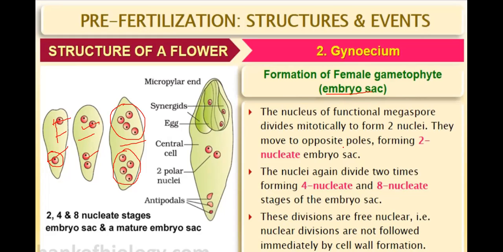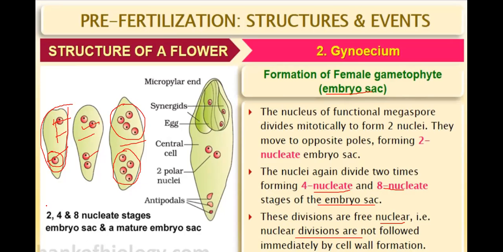These nuclei move to opposite poles forming the 2-nucleate embryo sac. The nuclei again divide 2 times forming the 4-nucleate and 8-nucleate stages of the embryo sac. All these things take place inside the embryo sac. These divisions are free nuclear, meaning only the nucleus is dividing, the cell is not dividing; nuclear division is not followed immediately by cell wall formation.